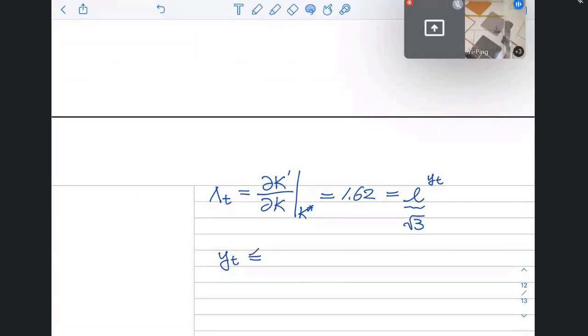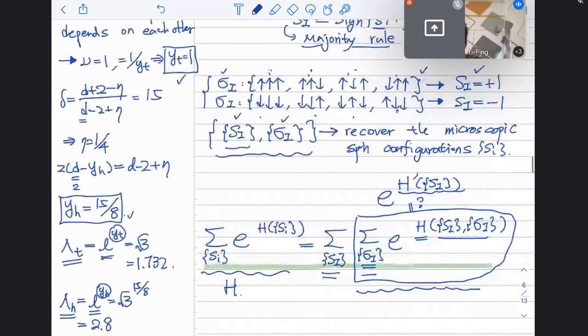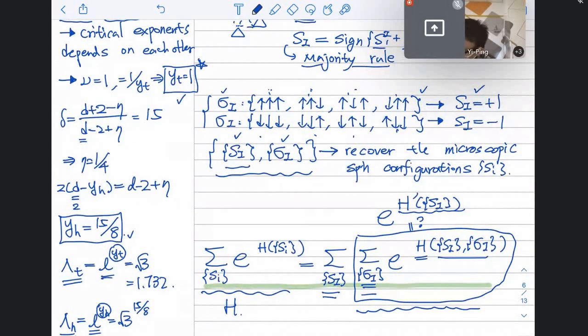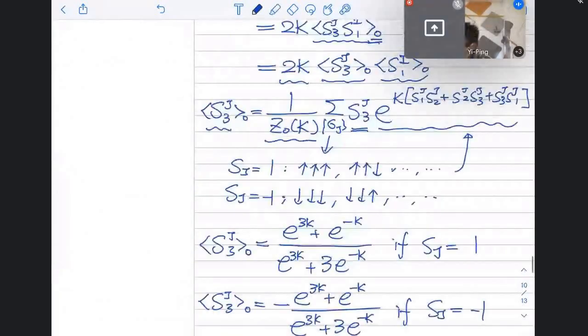The reason is, this thing is 1.7 something, and if it is 1, it will be too large. So that is the expected value of yt. And the exact result of yt is that it needs to be 1, as we previously derived from Onsager's exact solution. So get the numerical value out, and then you can convince yourself it is actually not too bad compared with Onsager's solution.